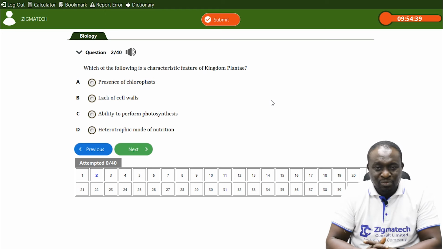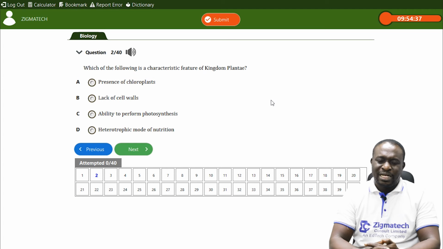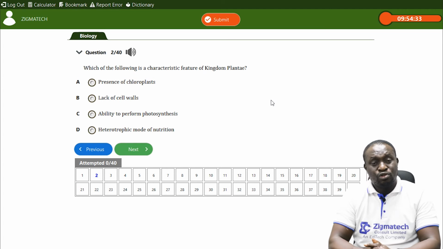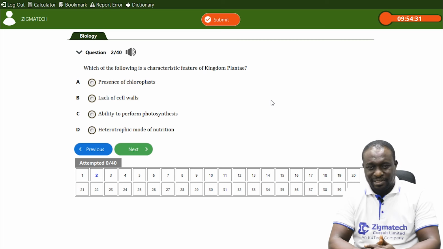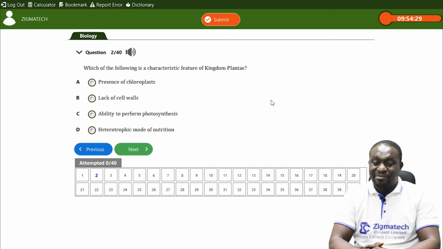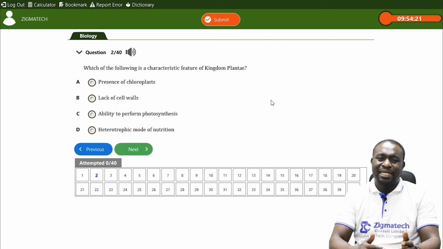Now, kingdom Plantae. These are plants, and mostly they are green plants. Under kingdom Plantae, we have mostly green plants. It's not about non-green plants. The non-green plants fall under kingdom Fungi.